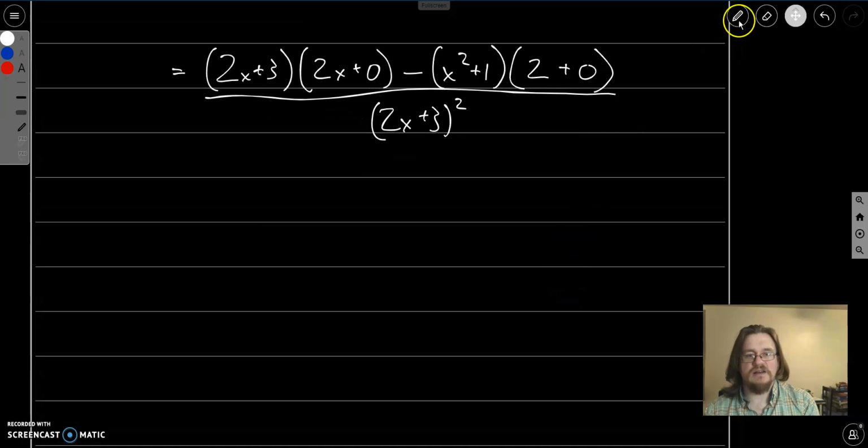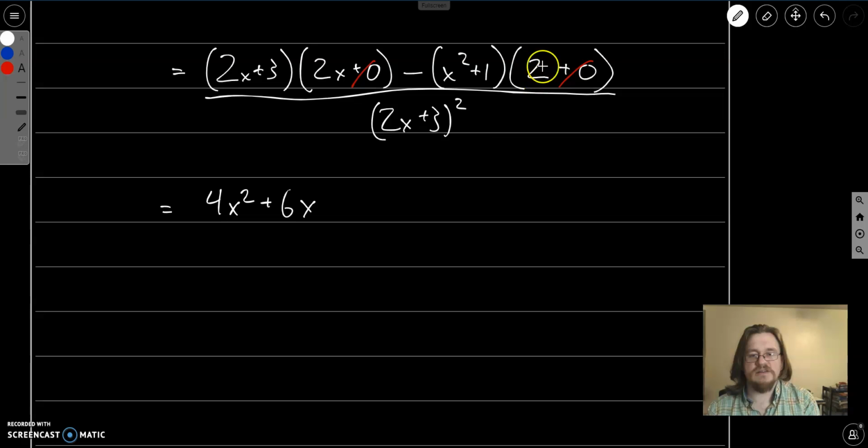And if we start simplifying the top, well, I don't need those zeros in there. So on the left-hand side, I'll take 2x times 2x, which is going to be 4x squared. 2x times 3 is going to be 6x. Over here, I'm going to subtract x squared times 2.